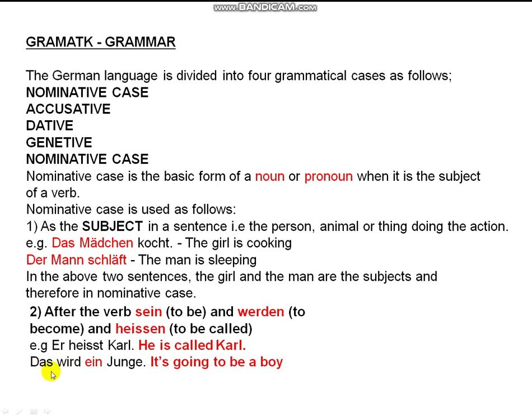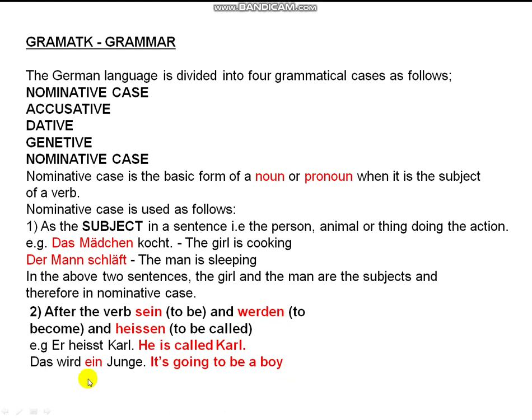The next example is das wird ein Junge. It's going to be a boy. So ein Junge is said to be in the nominative case, because of the verb werden. This is a conjugation of the verb werden.